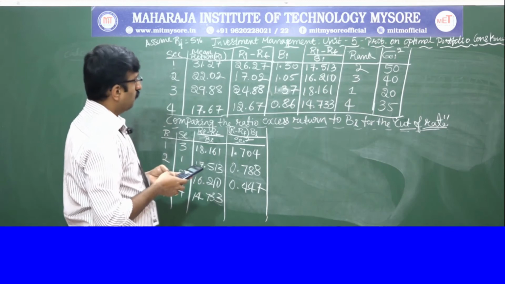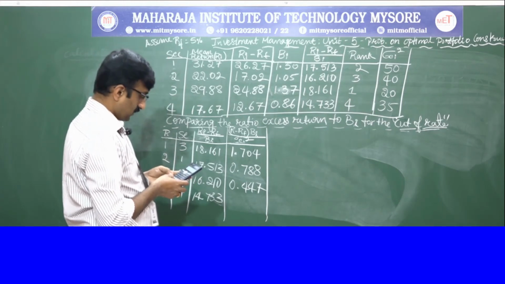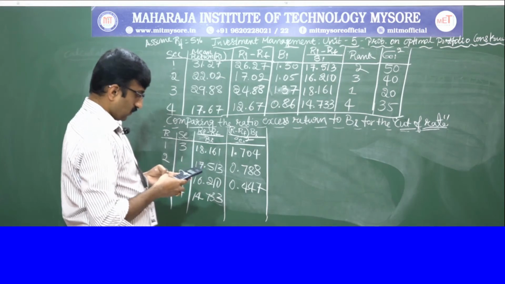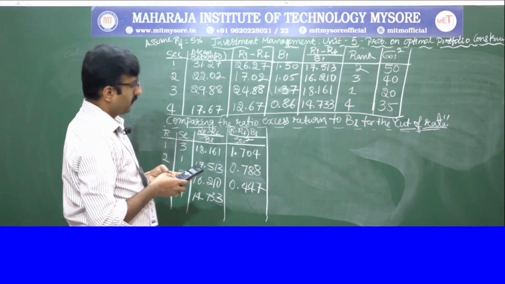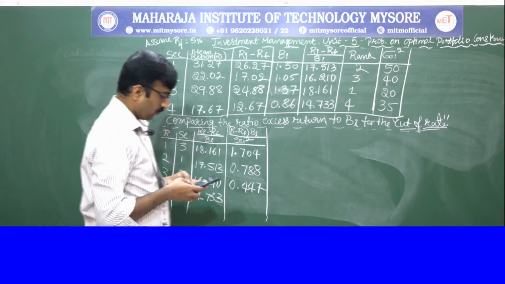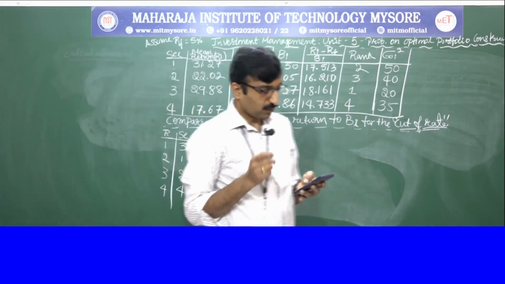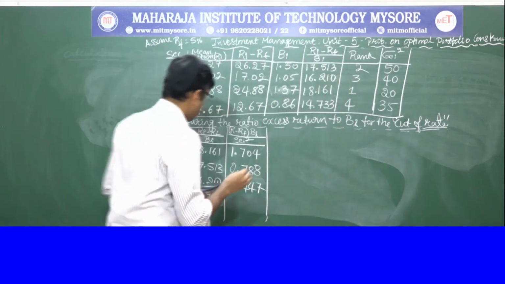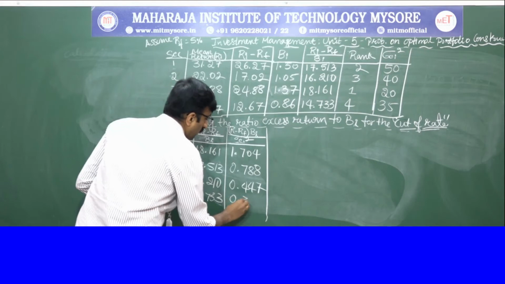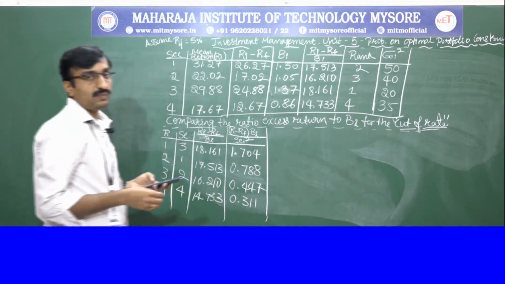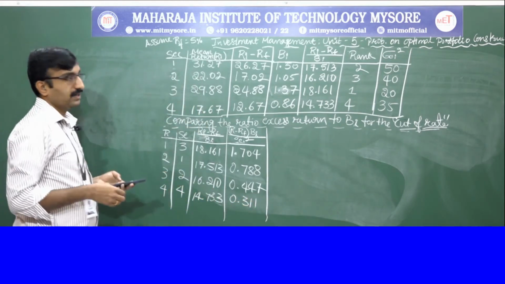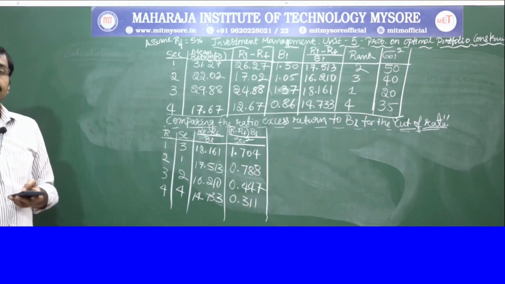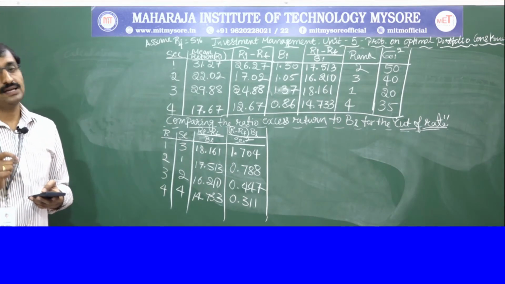Next, the fourth one, 12.67 into 0.86, divided by 35. If you do, you will get 0.311. Okay, this is called calculation of Ri minus Rf into beta divided by standard deviation Ei square.